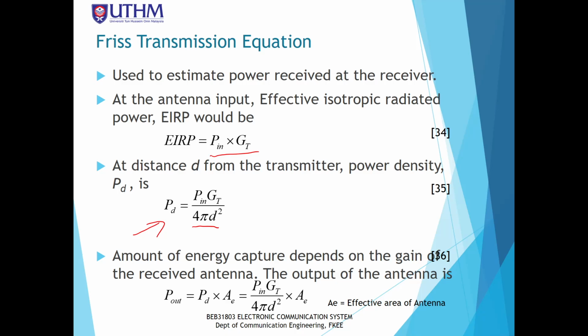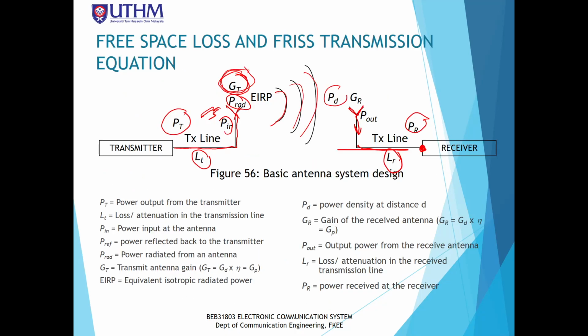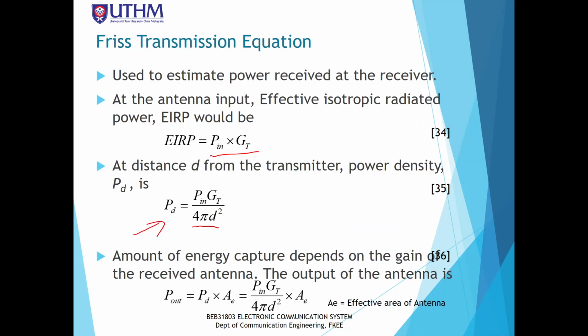Okay, where is R? Doktor, GT tu bukan GD directive gain. Kenapa dekat sini dia tulis GT? GT here means transmitter gain. Oh, transmit. Oh, dia tak sama dengan directive punya gain yang sebelum ni. If you see from here, this is actually GP.